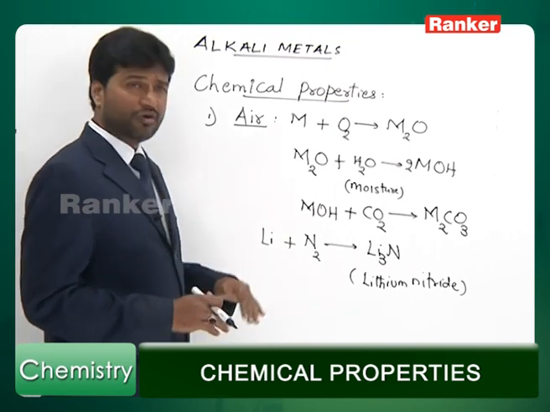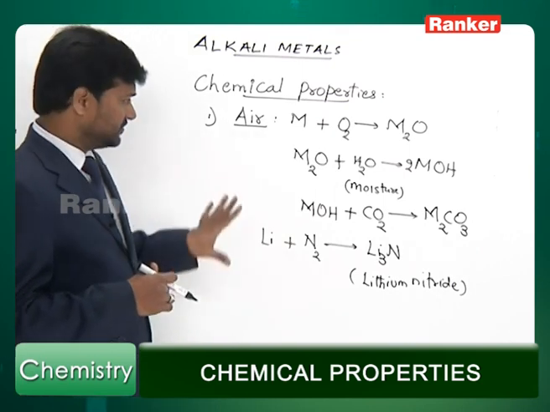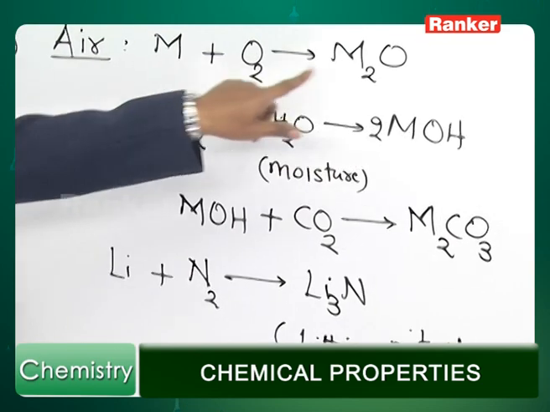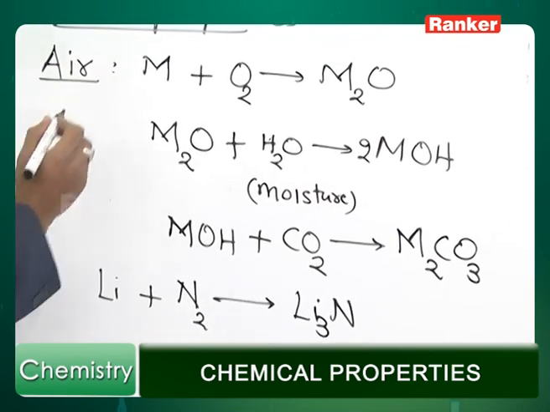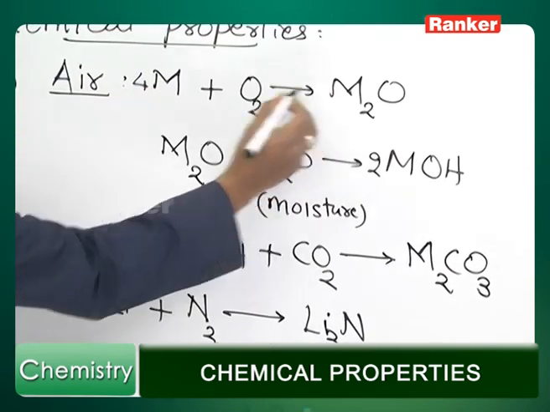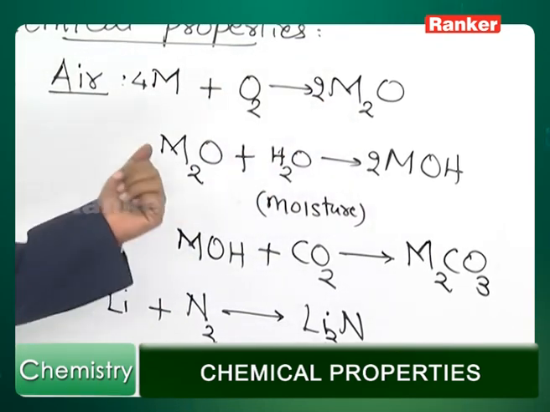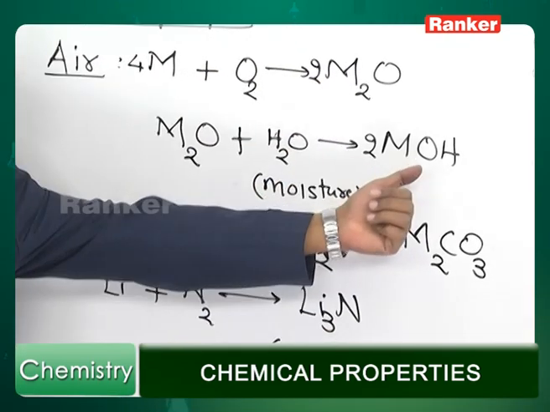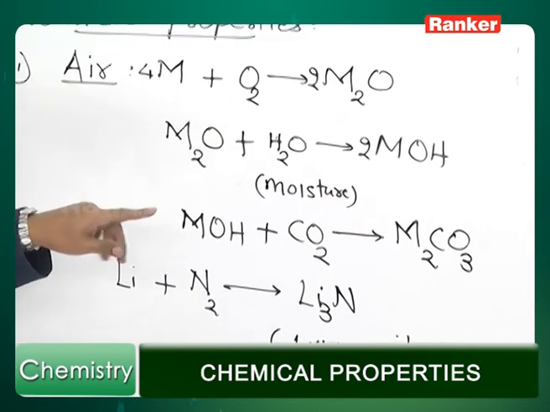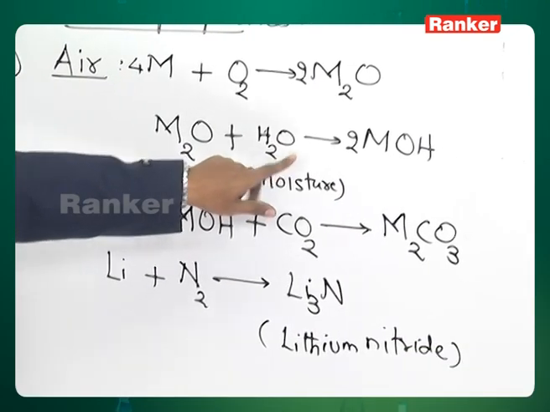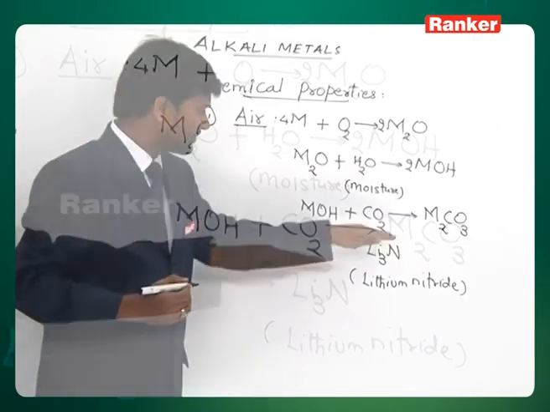Now, let us move on to the next reaction. Just go through the reactions once again. M plus O2 gives M2O. You can balance this equation. You can put 4 here, this becomes 2, and then M2O reacts with water to give MOH, metal hydroxide. This is moisture which is present in the air. Then MOH will react with carbon dioxide.